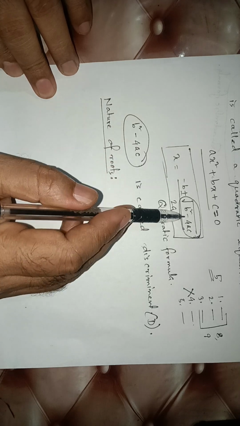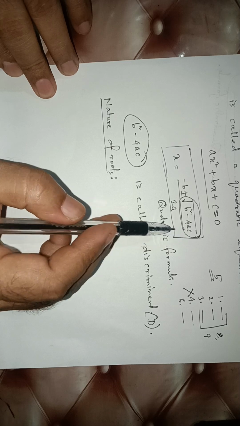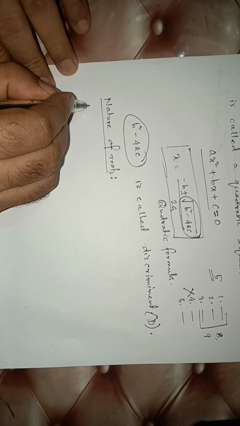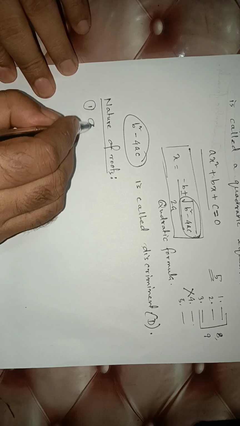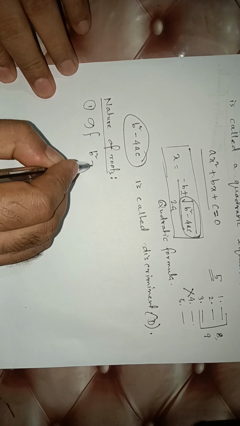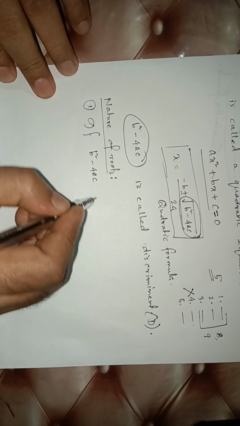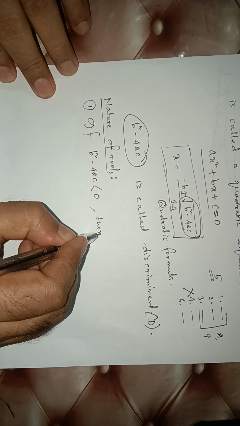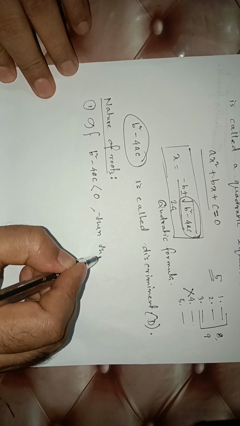The first condition: if b square minus 4ac is less than 0, then the roots are imaginary.